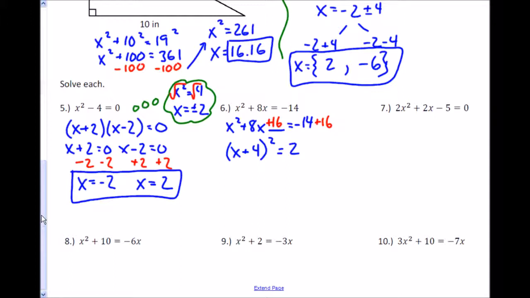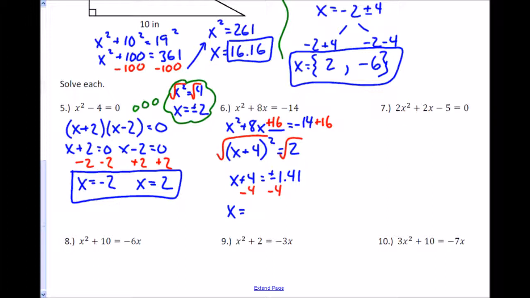And now it's just like number 4 that I did a little bit earlier. I take the square root of each side. And when I do that, I get x plus 4 equals, again, I have to do plus or minus the square root of 2. And I'm just going to round this to 2 decimal places. That gives me a 1.41. And now I subtract the 4 from each side, but again, that means two things.